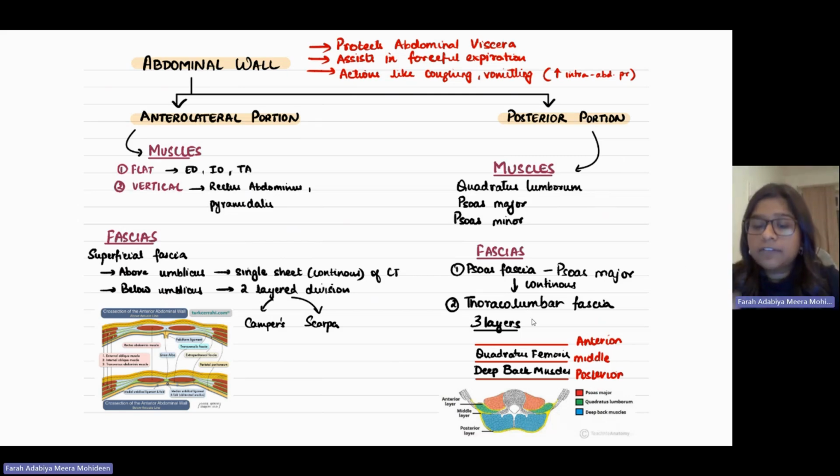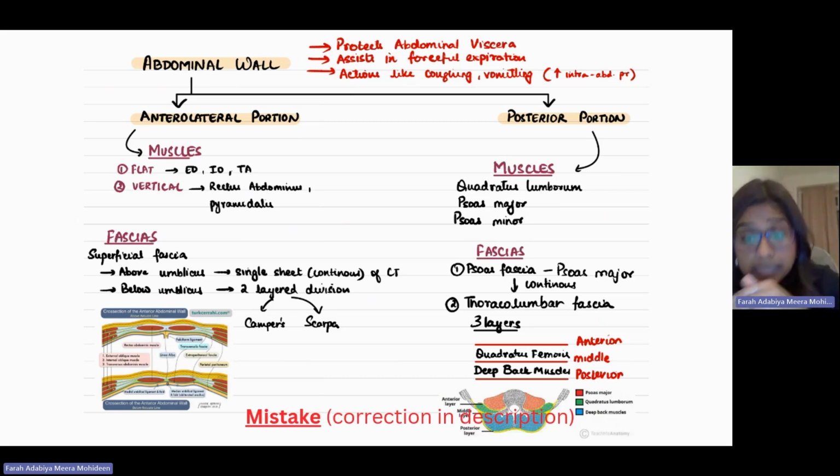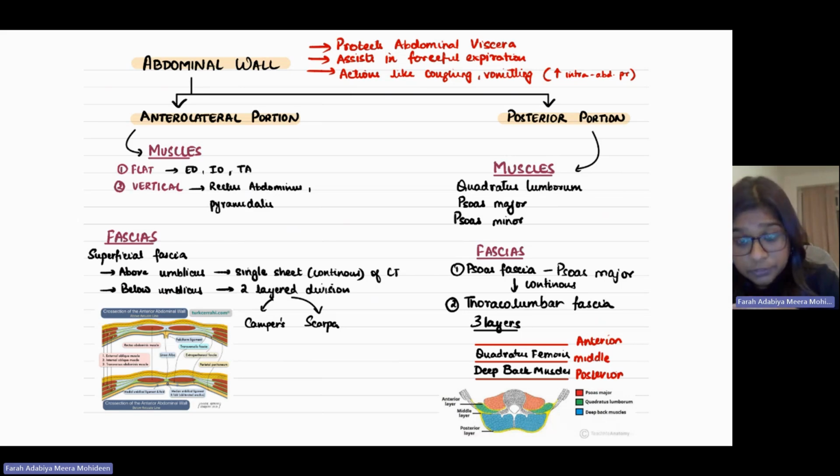The thoracolumbar fascia has three layers: the anterior, middle, and posterior. And there are muscles in between them. What muscles? We'll see here. Between the anterior portion and the middle portion, you have the quadratus lumborum muscle. And between the middle portion and the posterior portion of the thoracolumbar fascia, you have deep back muscles that you'll talk about in the muscles of the back question.